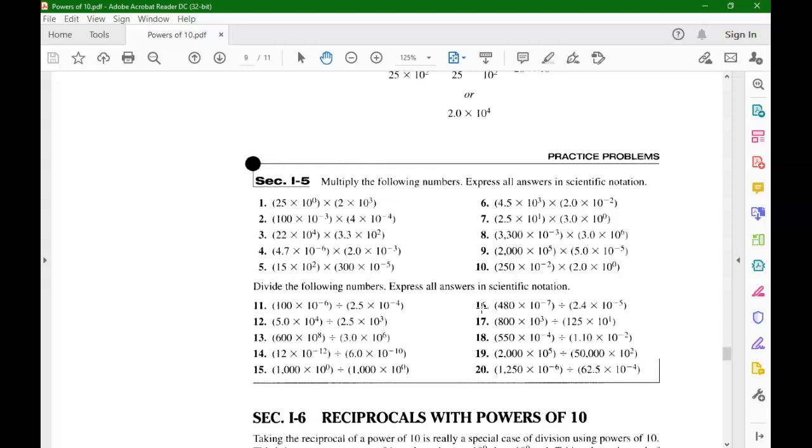So this is the main stuff we're going to be doing after we get done with the mathematics basics. That is adding and multiplying and dividing with exponents. So I would really suggest doing a deep dive on this section right here.